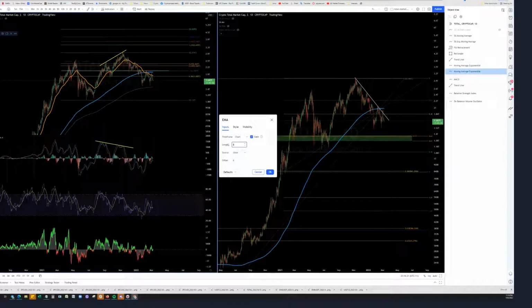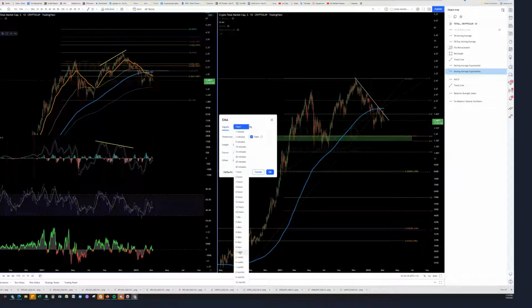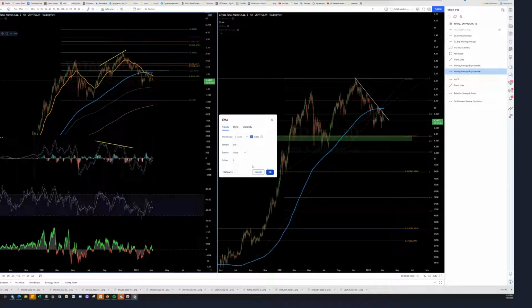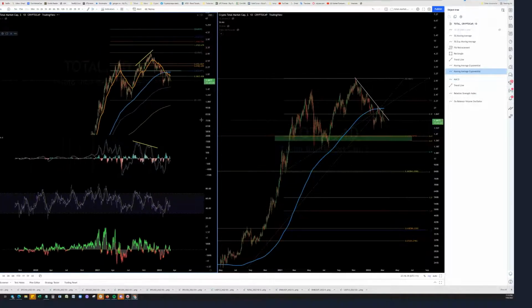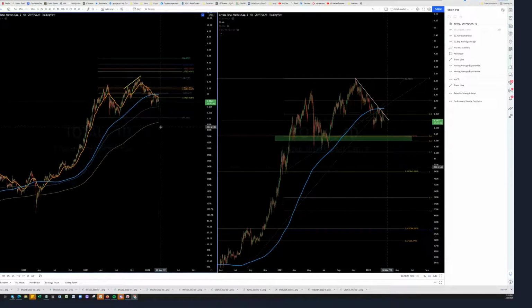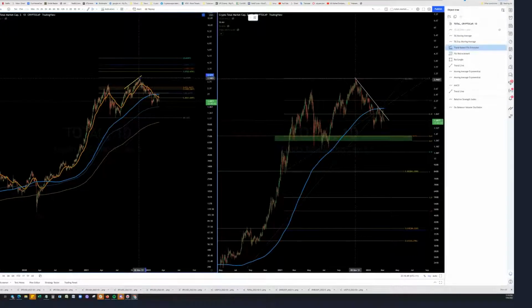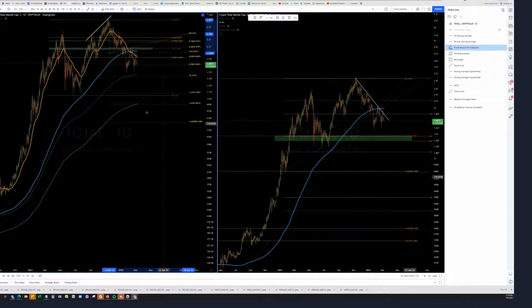Where's the 200? That is a daily. Okay. So we've got our levels here as well, from a total market cap perspective, and very similar to Bitcoin. I did swing low, swing high, swing low, and again, very similar.